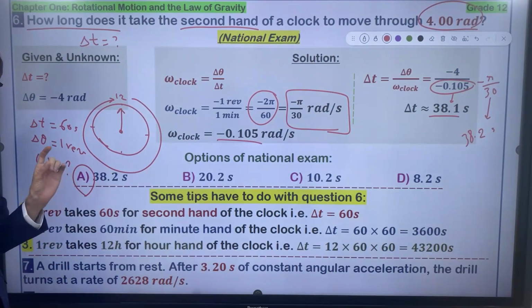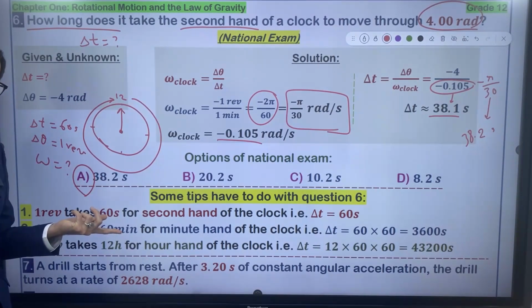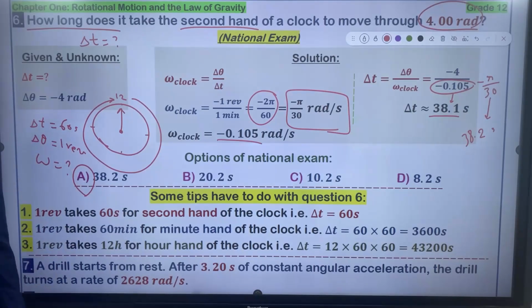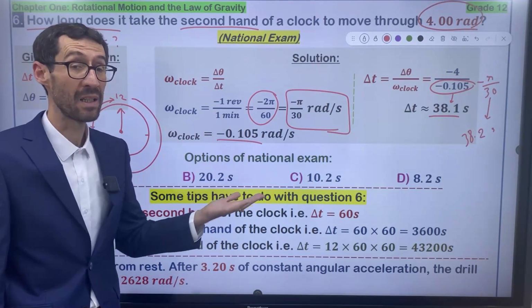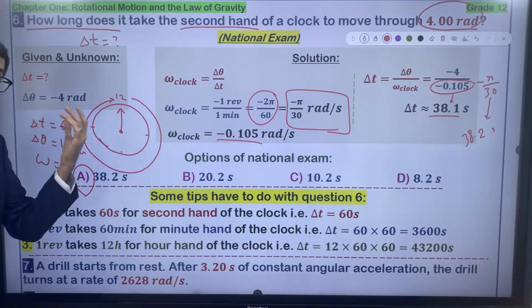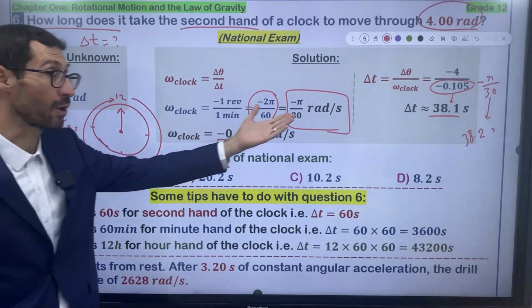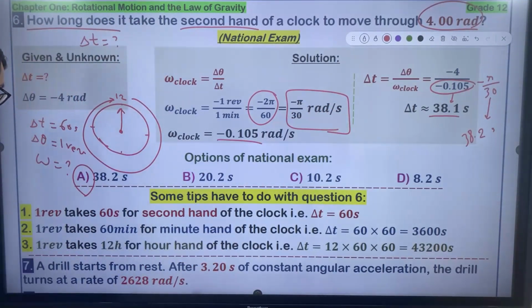But we have a very close value, which is 38.2. That's why I choose this one, because other values are far away from our value. That's why we didn't choose the other values.